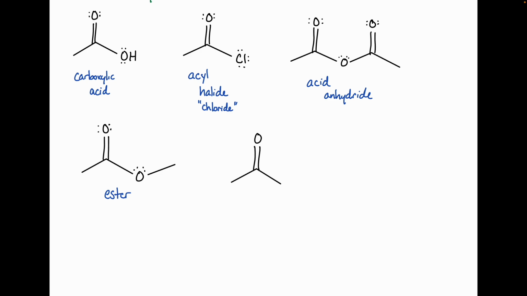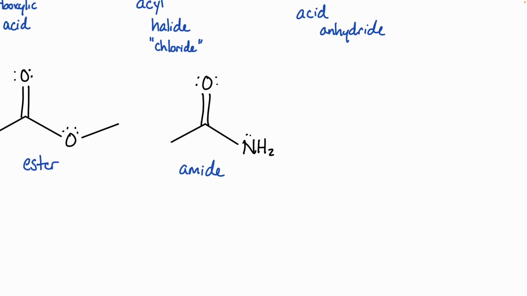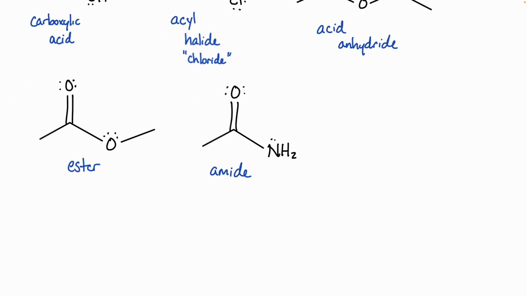Or we can add a nitrogen on there, and this would be what we call an amide. So not an amine with an N, but an amide with a D. Some people call these amides, and again, I just pick one and stick with it, so I'm going to call them amides.